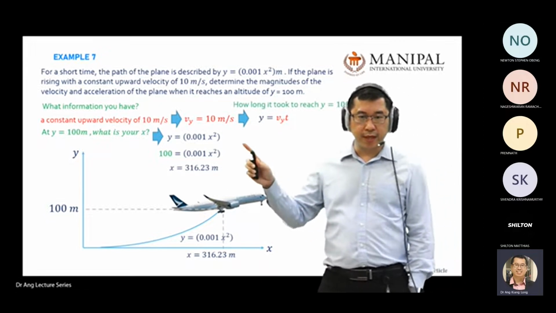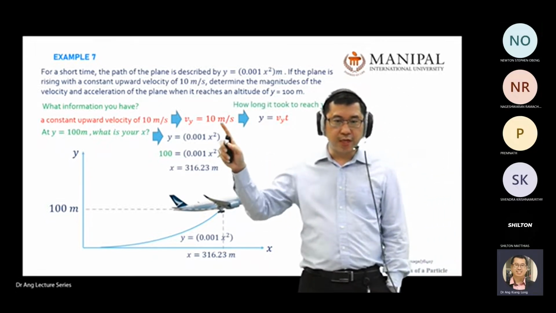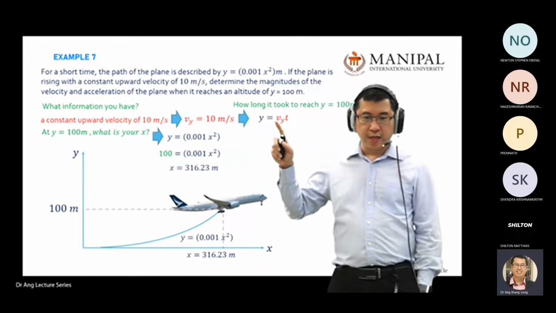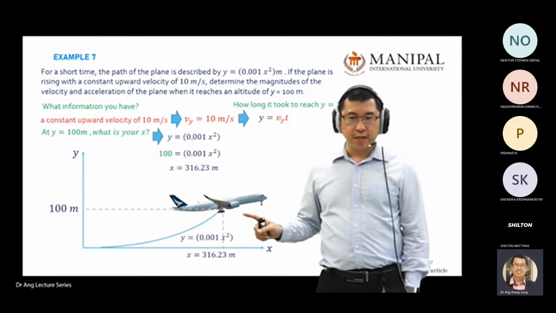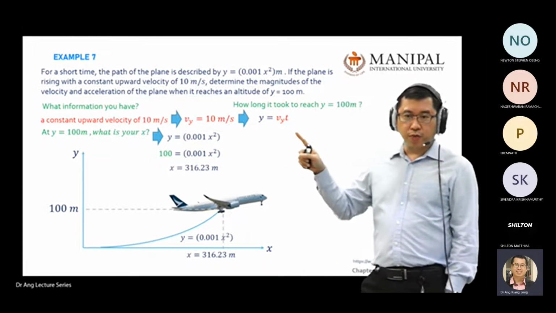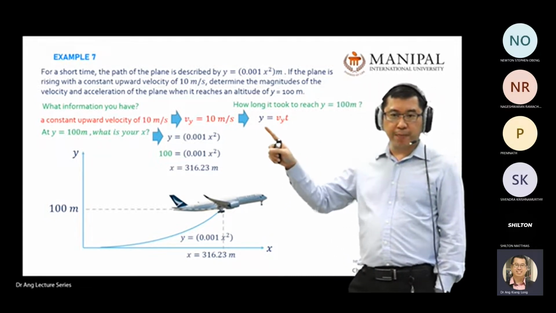Okay, if you know the velocity, you know the y position, you should be able to find the time to reach that particular y.